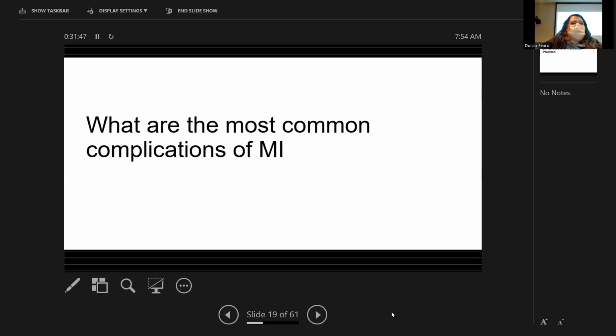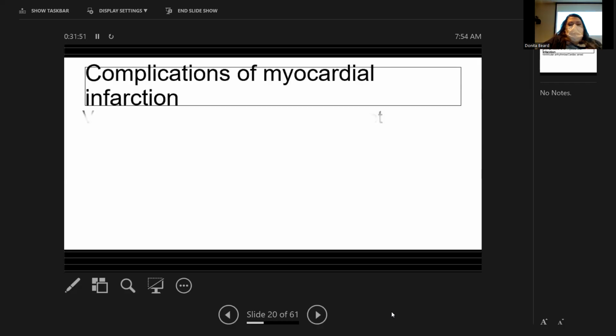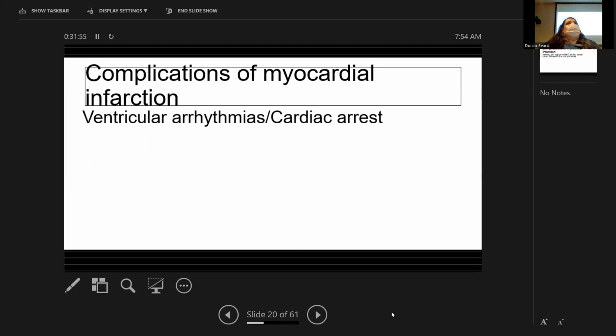First, we're going to talk a little bit about the complications of infarction. So actually, before I do this, I already showed you that one. What are some other complications of heart attacks that you all maybe have seen or heard of? Somebody can just start shouting out. Yeah, papillary muscle rupture.